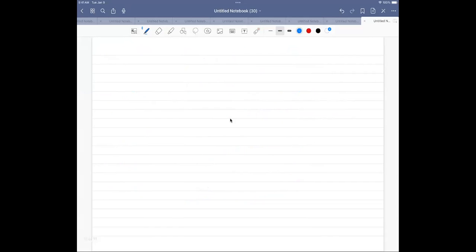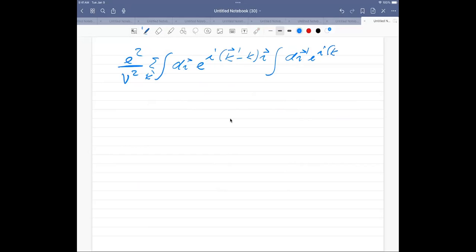We need the following: e squared divided by V squared, and this is now going to be given by, I'm just putting in the sums which we had before, the sum over k, k prime, and then the integral over dr. This is the object which is going to be more problematic to calculate, e to the i k minus k prime times r, and then the integral over dr prime of e to the i k minus k prime times r prime.